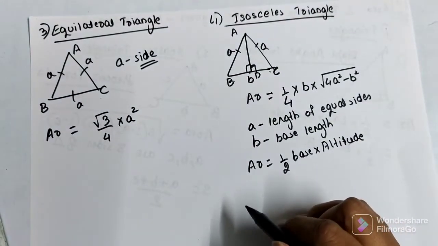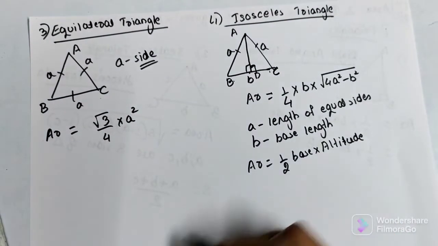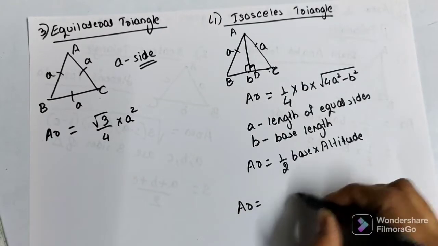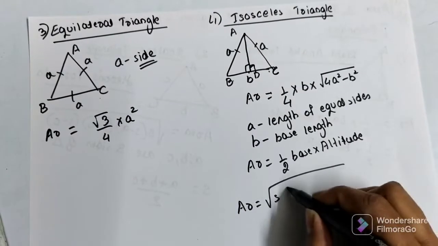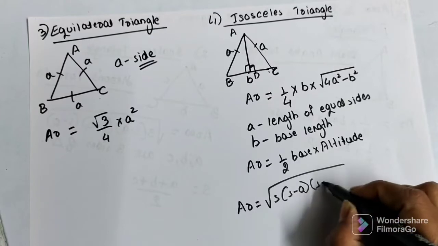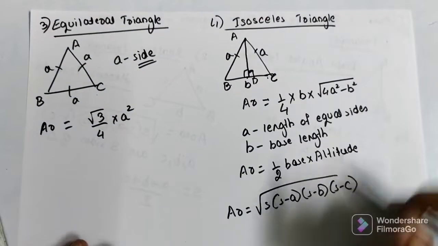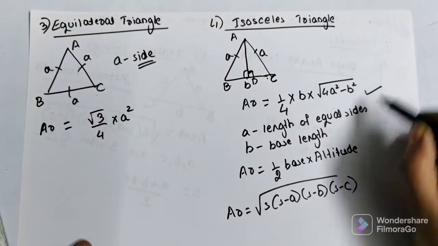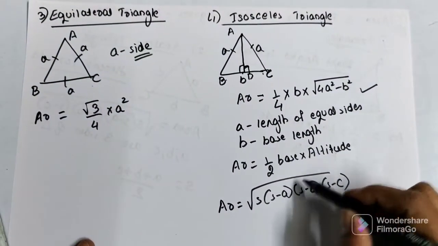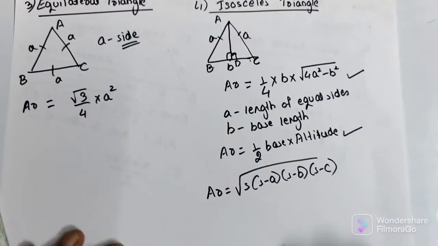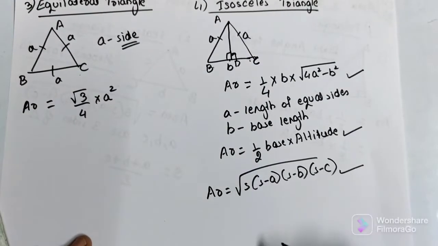And another method is the normal Heron's method, that is square root of s into (s minus a) into (s minus b) into (s minus c). So for the isosceles triangle, this is one method, this one is a second method, and this one is the third method.